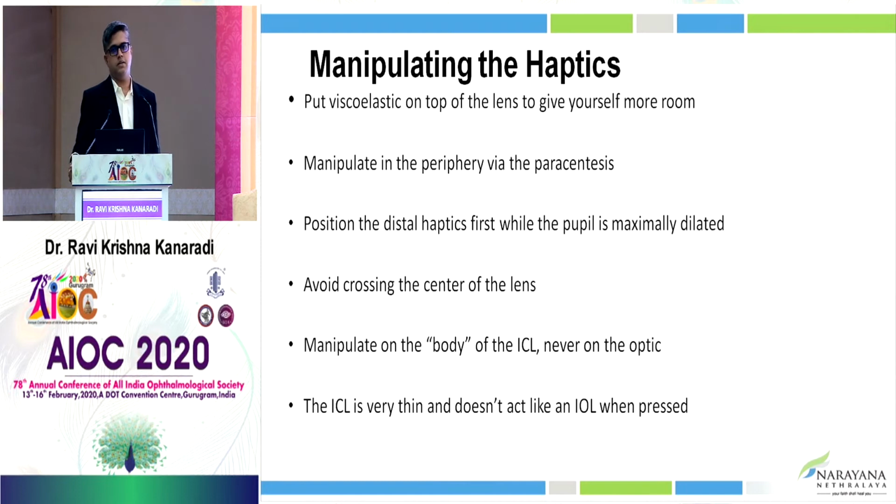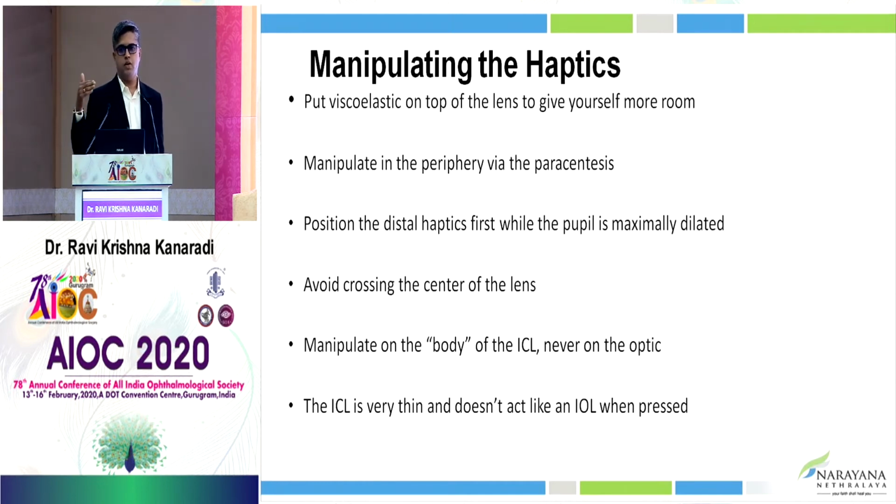Usually STAAR gives one manipulator. With that you first put the distal footplate, then the proximal one, which is near the main wound. It's better to use the side port rather than the main port to put these haptics below the iris. And do not touch the central optic part, and do not cross over the pupillary zone.